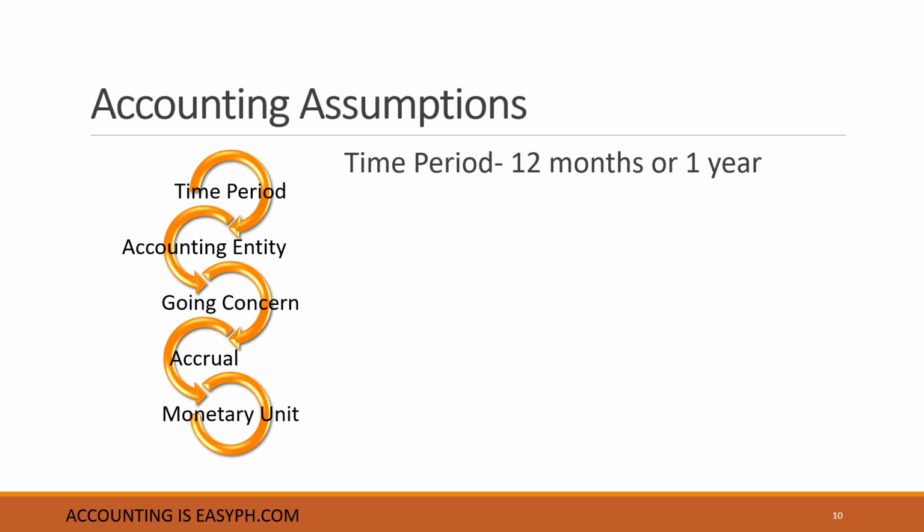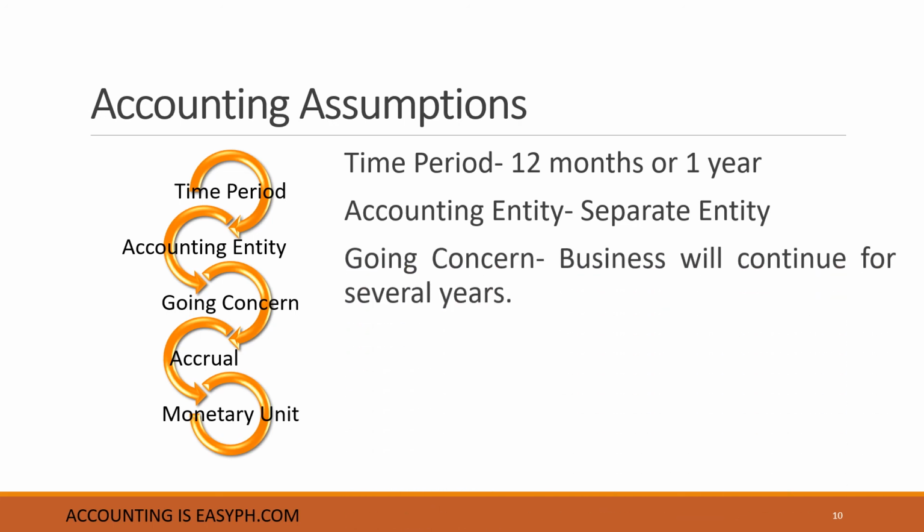So we record our transactions for 1 year. Next is accounting entity. Here, we separate our personal transactions from our business transactions. We will only record those transactions that are related to the business, meaning our business is a separate entity distinct from its owner.